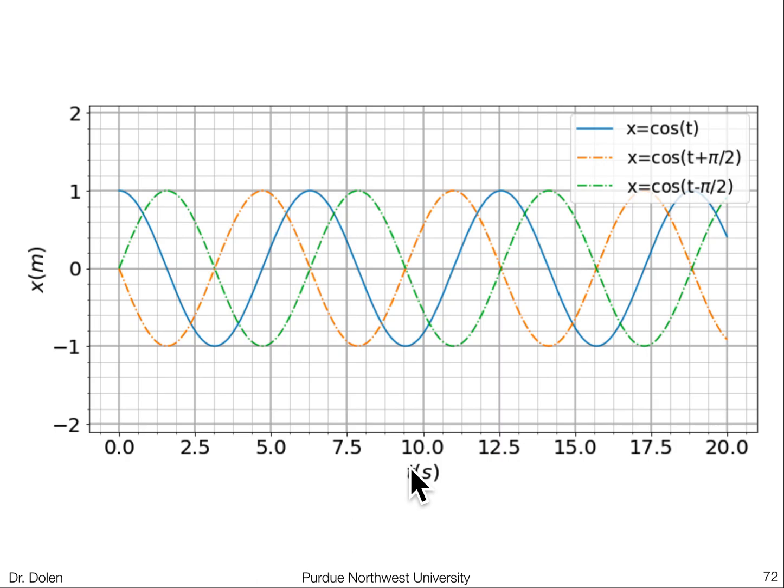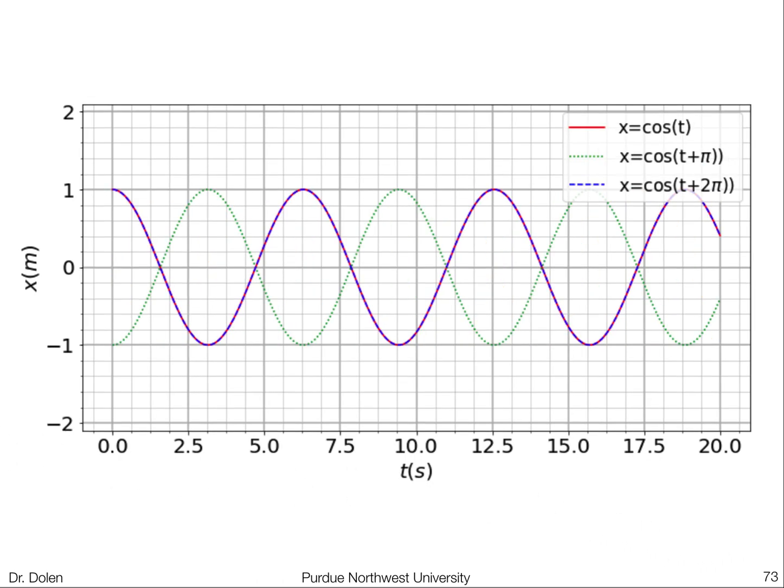When you shift cosine by pi over 2, you get sine. All right, so we don't need to use sine to describe an oscillator. We could just use cosine plus a phase angle. So if your oscillator is initially at time equals 0 at its equilibrium point, then you can use a phase angle of pi over 2 radians, right?